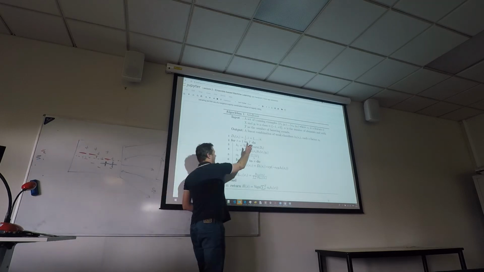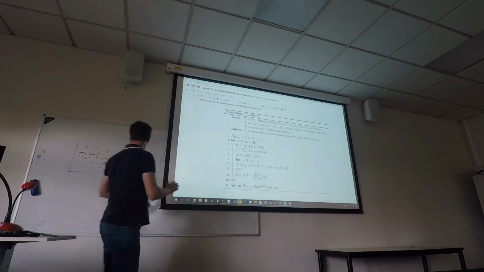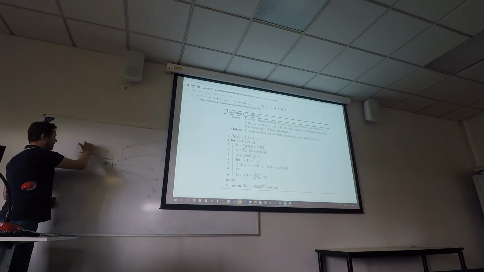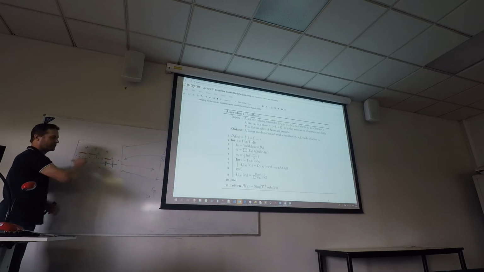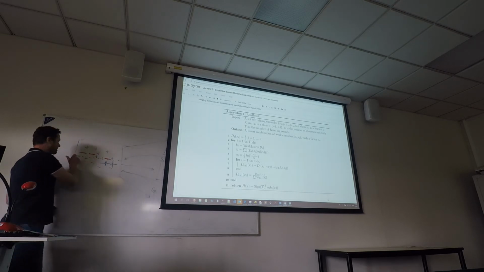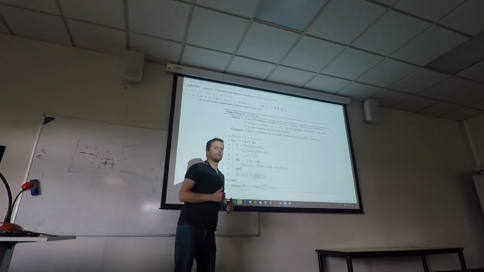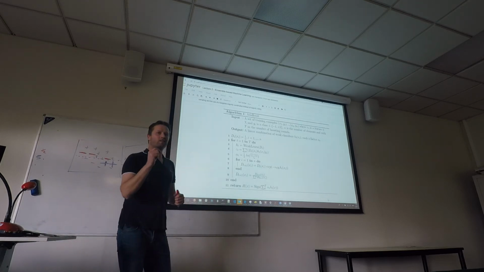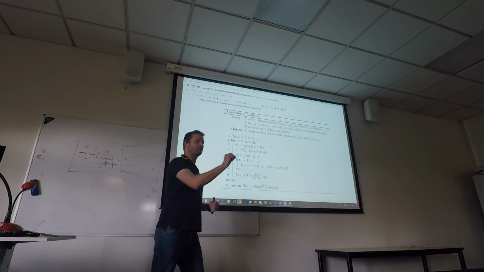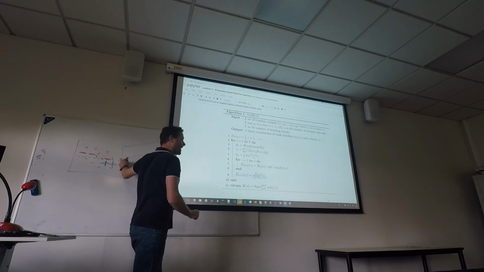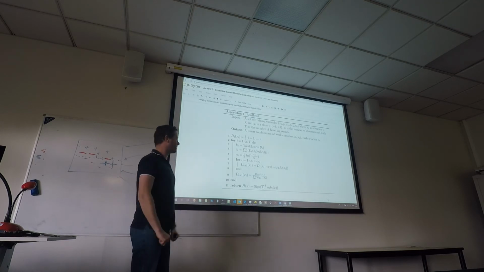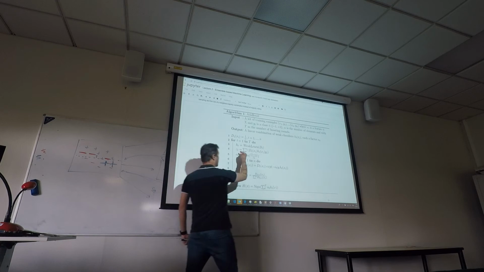So the algorithm has gone through all the possible decision boundaries that it could generate, and it has chosen this one as being the most optimal. Now what we need to do is determine the weighted error rate of that particular h, of that particular weak classifier that was generated. This is how we do it.